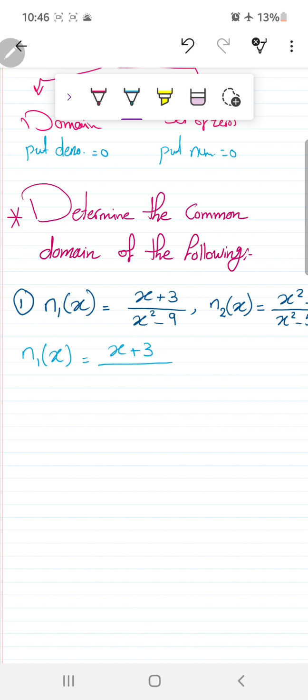As we said, for the domain, put the denominator equals 0. How? By factorization. So here (x plus 3)(x minus 3). So the first domain equals R minus {negative 3, 3}. Okay, it's easy.